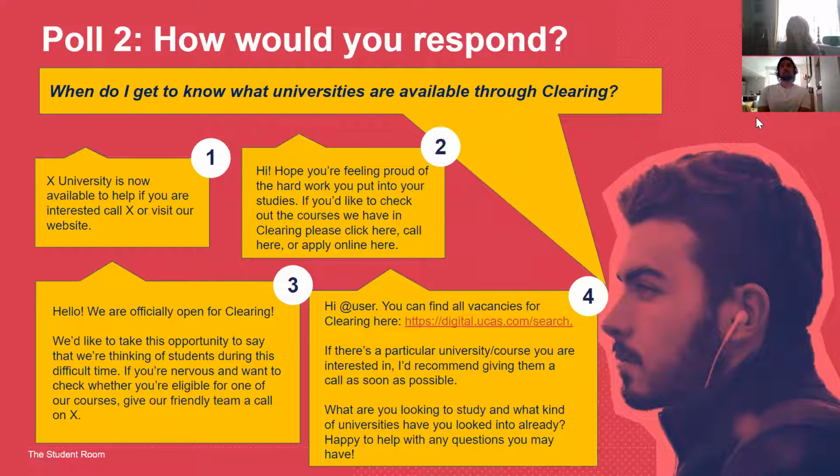So we're going to do another poll. Similar to the previous poll, I'm going to read this post, then I'll give you a bit of time to read the answers, and then we'll do a little poll to see which one is right. The post reads, when do I get to know what universities are available through clearing?